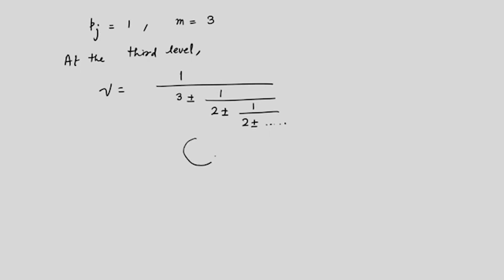So, we have this. At the third level, the parent state is equal to 1 over 3. Okay. There are two branches that come out from the plus and the minus sign. So, let us write the plus branch here on the left and the minus branch on the right. So, at the P1 level, all the Pj's equal to 1, but you can have other fractions where P1 equal to 1 and P2 equal to say 2 and so on and so forth. So, this is equal to 7 by 2 that comes out from the positive branch.